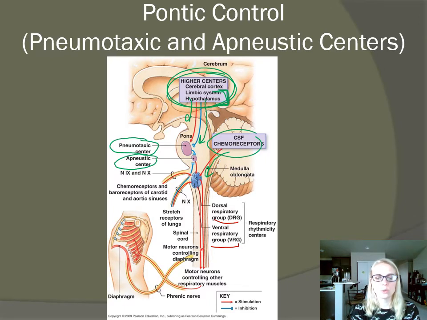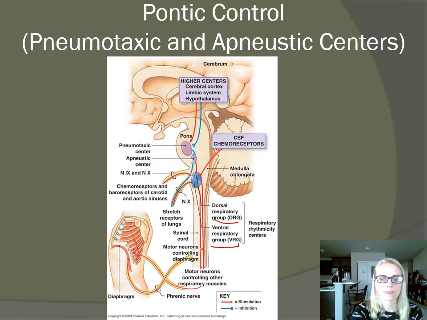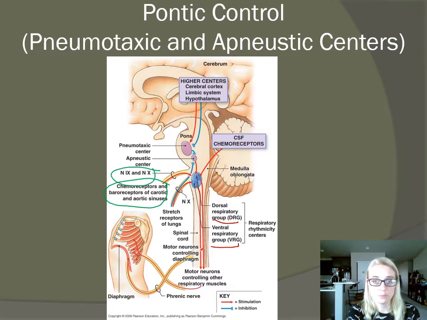But I also want to point out that we do have sensory information coming in from the periphery. So all this stuff that I've circled in green, I'll get rid of it so it's not cluttery here. We also have sensory information coming in from cranial nerves, from chemoreceptors and baroreceptors, right?